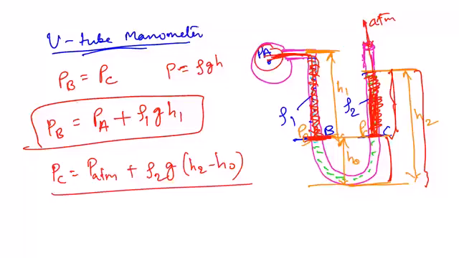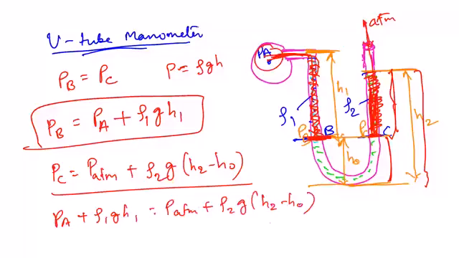Now, since PB is equal to PC, I can write PA plus ρ1 g H1 equals P atmosphere plus ρ2 g (H2 minus H0). Then ρ1 g H1 can be neglected because it is the working fluid pressure, and the density ρ1 of the working fluid is very much less than the density of the manometric fluid.